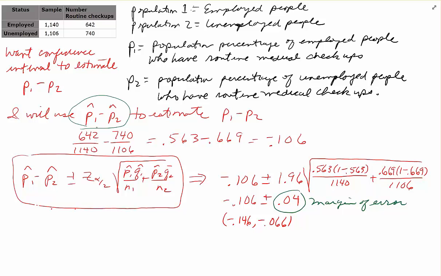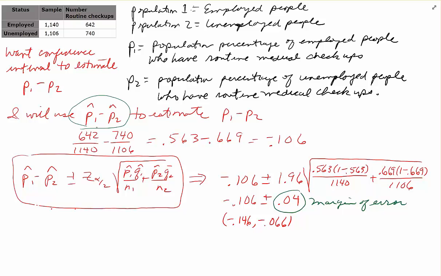So the negative should be interpreted in the sense that the percentage of unemployed people that have routine medical checkups is greater than the percentage of employed people that have routine medical checkups.